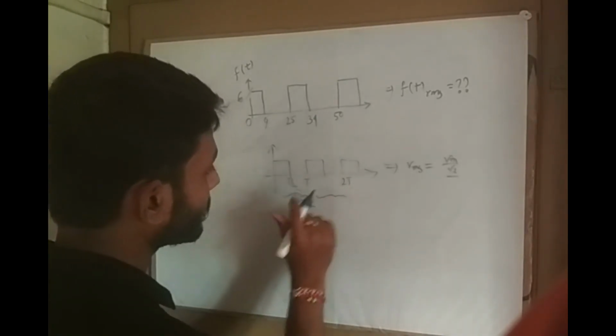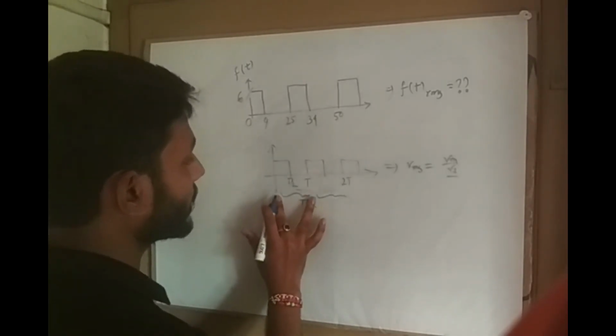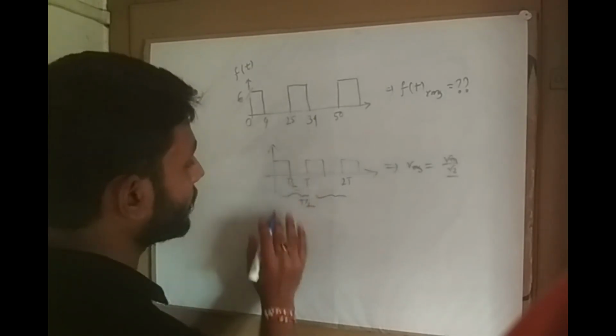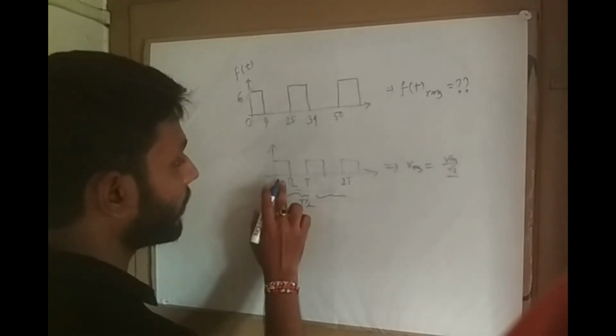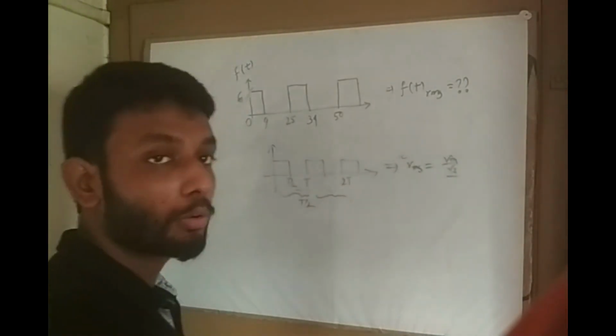Within a total time period, the on time and off time are both equal. For that one, the Vrms was Vm divided by root 2.